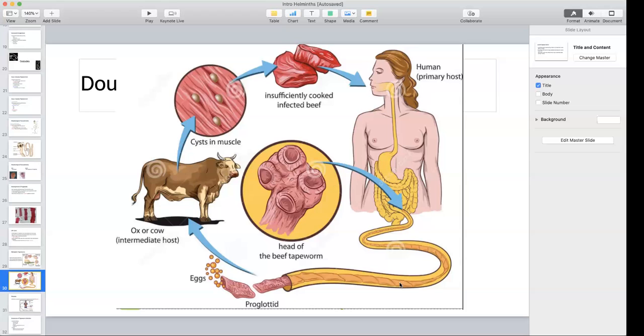We see these segments here, and these segments are going to release eggs into the environment in human waste. It makes its way out to the environment, an intermediate host becomes infected again, and the cycle continues.